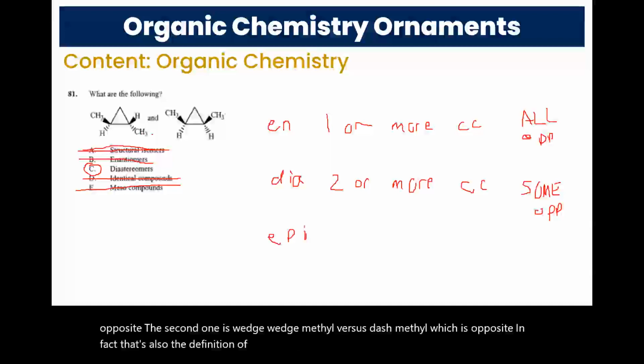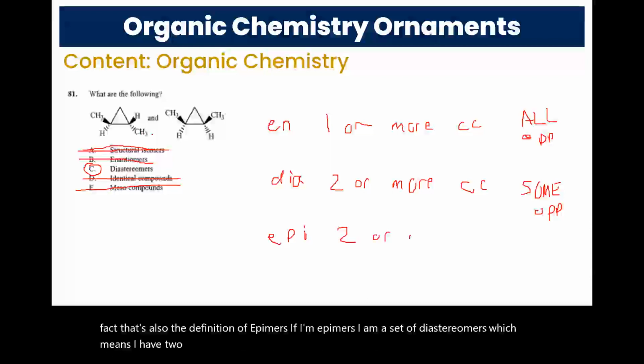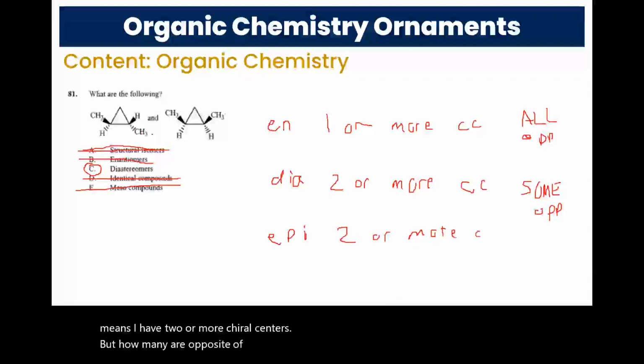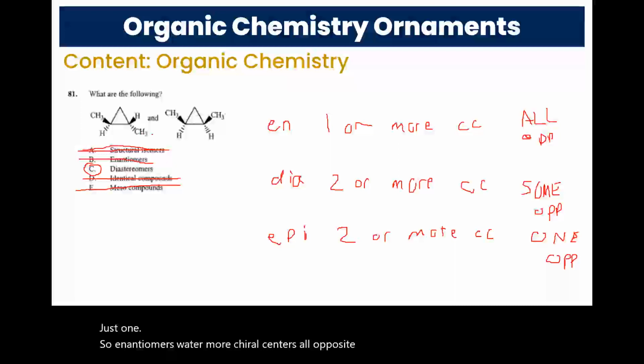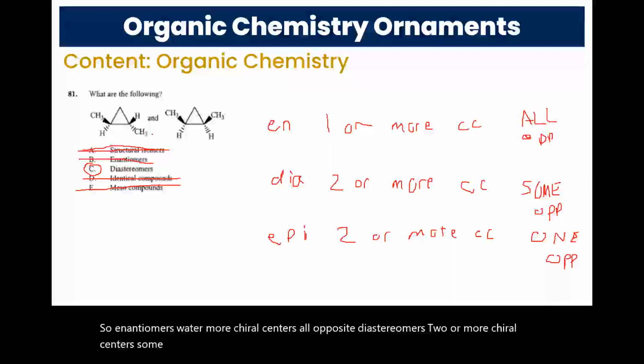If I'm epimers, I am a set of diastereomers, which means I have two or more chiral centers. But how many are opposite if I'm an epimer? Just one. So enantiomers, one or more chiral centers, all opposite. Diastereomers, two or more chiral centers, some opposite. Epimers, two or more chiral centers, only one is opposite.